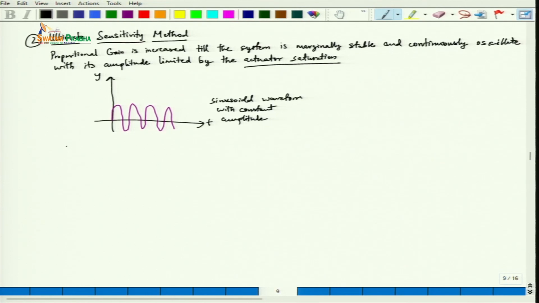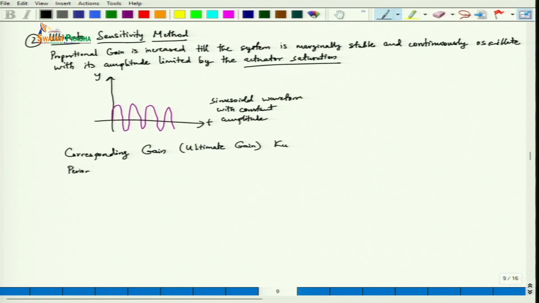In such a scenario, the corresponding gain is called the ultimate gain, Ku.